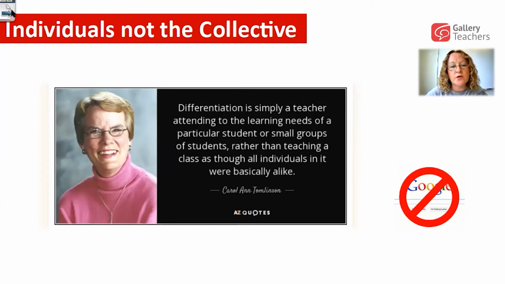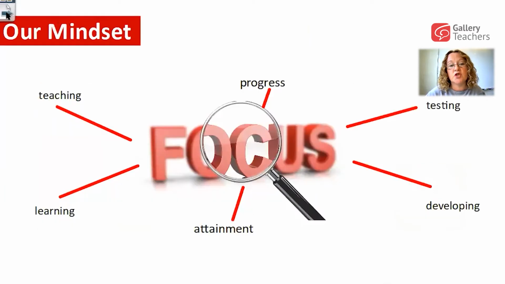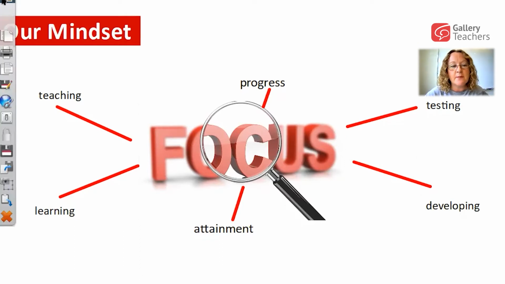Now, in order to do what she wants us to do, we have got to change our mindset. And we've got 6 things here which can be teaching foci. We can consider whether we're thinking more about teaching or learning, progress or attainment, or testing or developing.